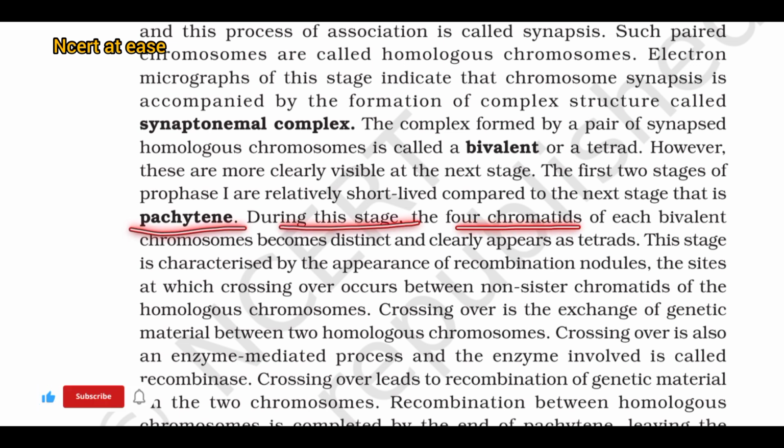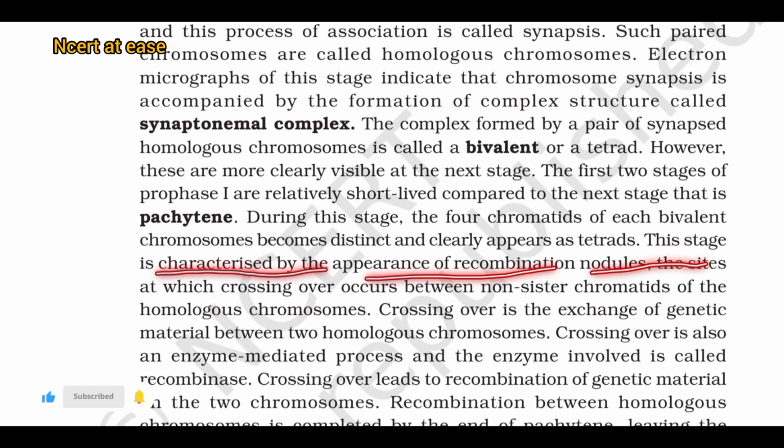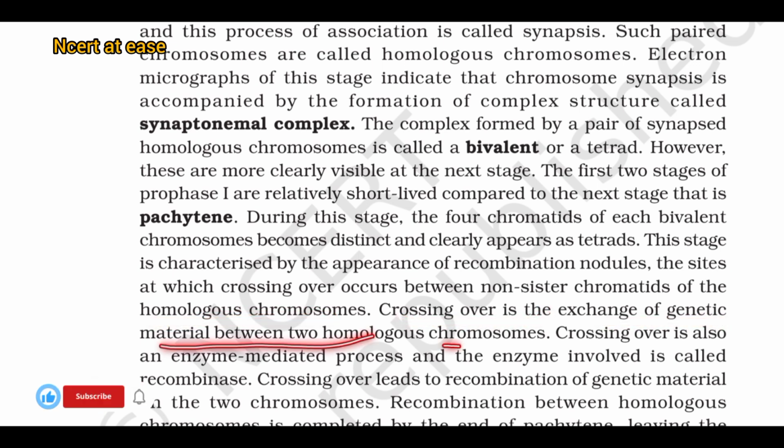During this stage, the four chromatids of each bivalent become distinct and clearly appear as tetrads. This stage is characterized by the appearance of recombination nodules, the sites at which crossing over occurs between non-sister chromatids of the homologous chromosomes. Crossing over is the exchange of genetic material between two homologous chromosomes.